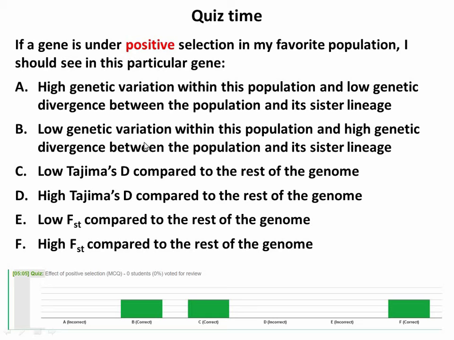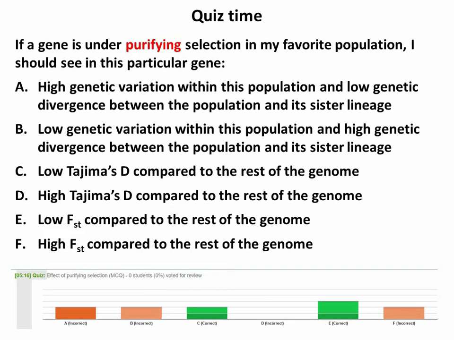So basically, B here is exactly measured by FST. So you will have high FST between the population and your sister lineage for this specific gene. And again, of course, this is comparing to the rest of the genome, otherwise it doesn't make sense. FST is also used to measure divergence between lineages, so if you only have the value of the gene, that doesn't tell you anything.